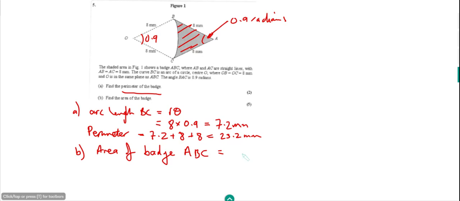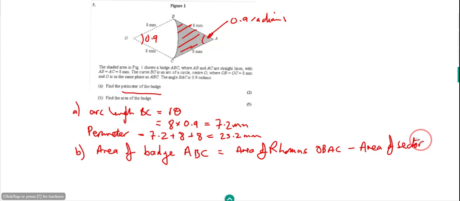is going to be equal to the area of the rhombus OBAC minus the area of the sector, which is OBC.